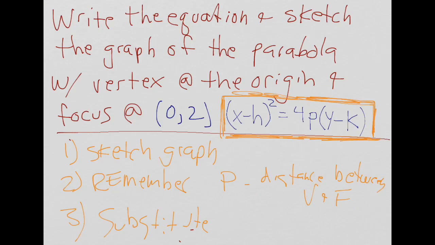And you can figure out your p-value, so you can write this equation pretty darn quickly. And step 4, when you're sketching your graph, make it totally complete. Don't forget to draw in that directrix as well. And remember, that is p units below your vertex. So take a couple minutes and see what you can get.